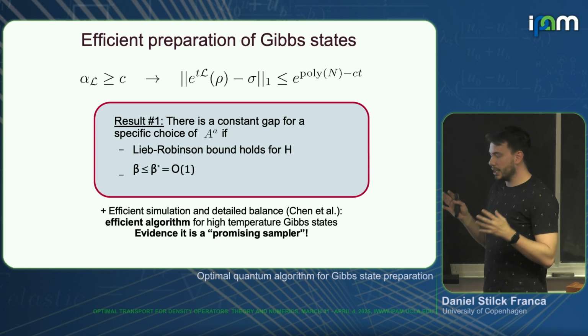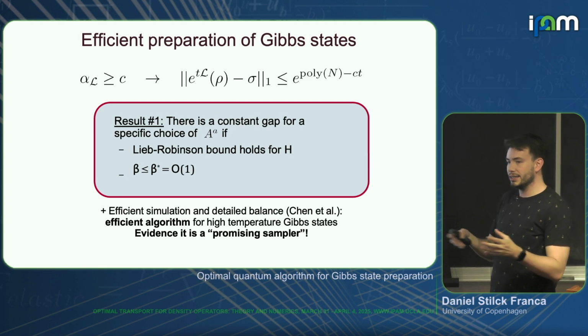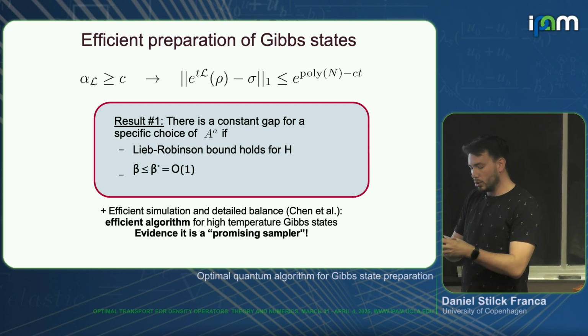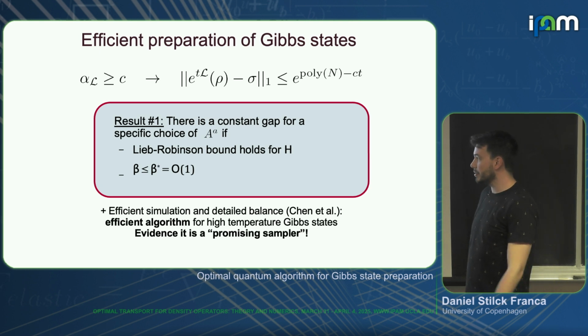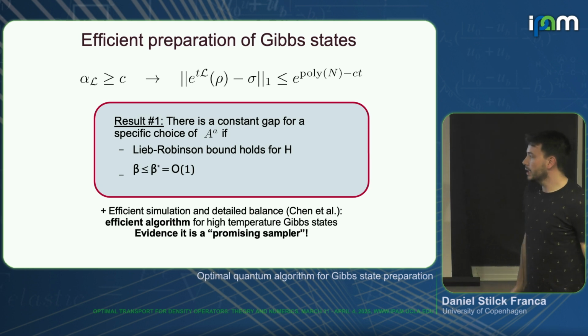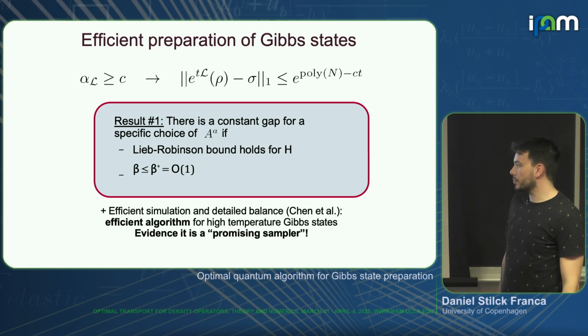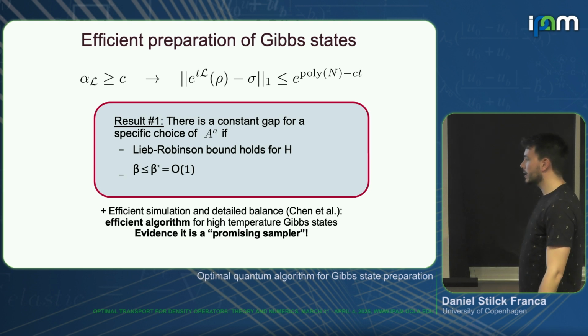And we can always get this whenever the underlying Hamiltonian satisfies this so-called Lieb-Robinson bound, which tells you that local observables are mapped to approximately local observables in the Heisenberg evolution under H. And this holds for all temperatures above a constant threshold, right?